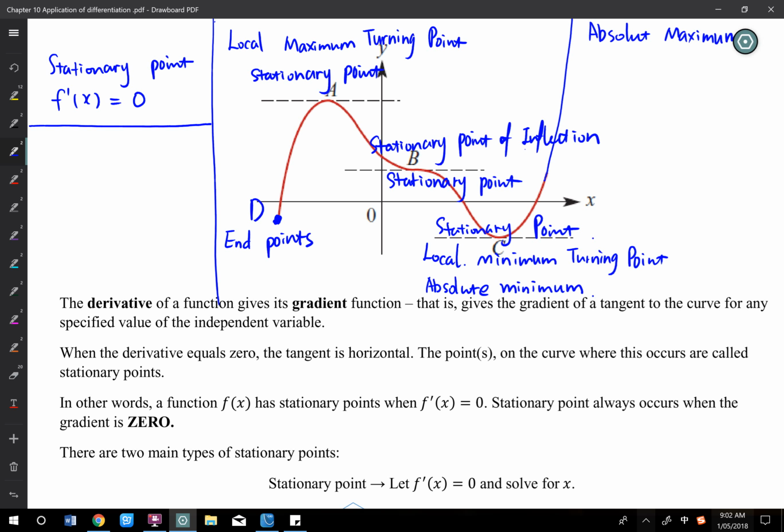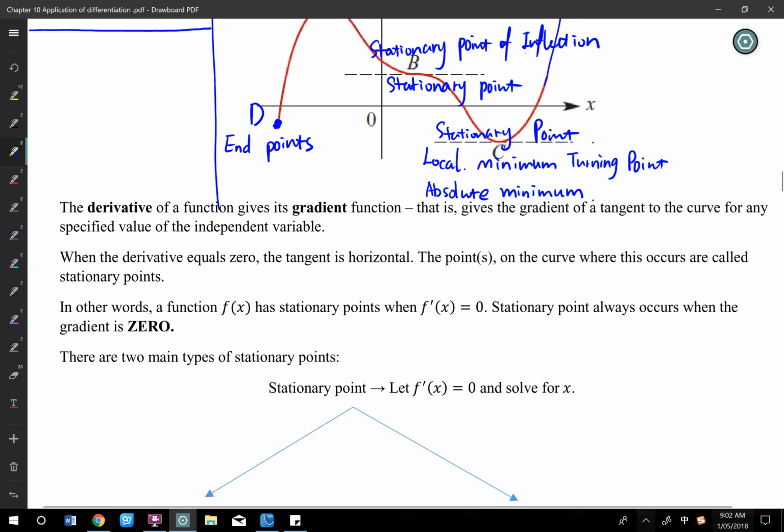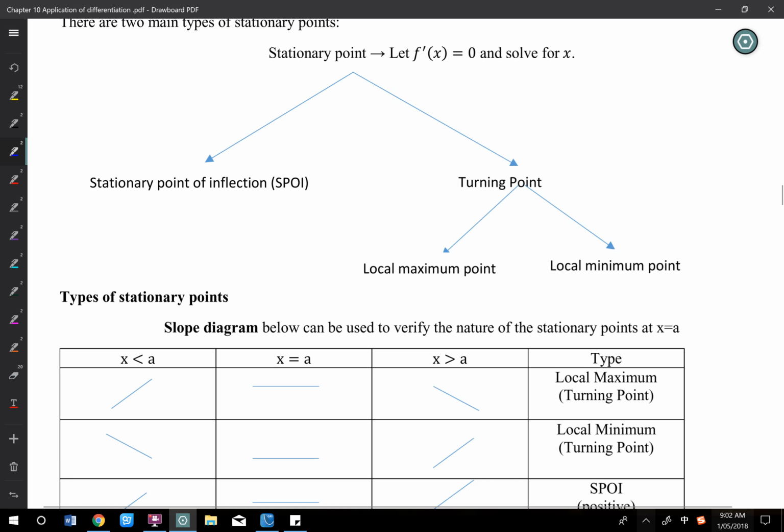Also for the stationary point of inflection, you have a decreasing stationary point of inflection, or you have an increasing stationary point of inflection. When you solve f dash x equals to 0, you find the solutions. You don't know the nature of those points. Okay, you need a further test to find whether it's maximum or minimum. But I'm not going to talk about this today.